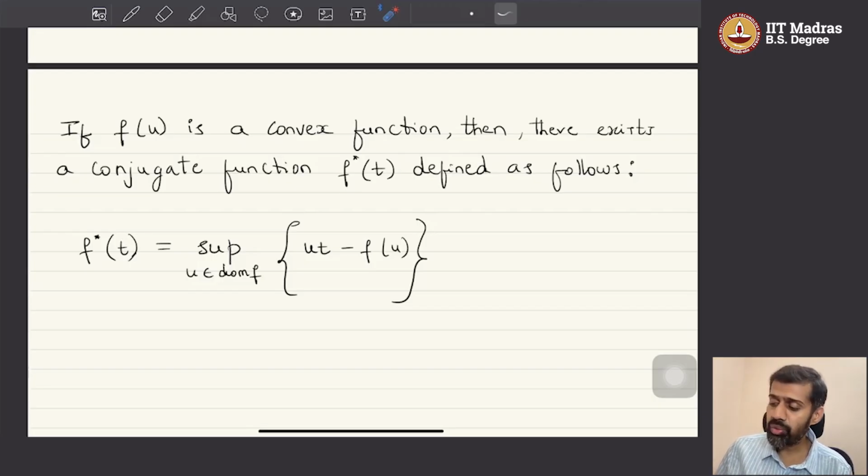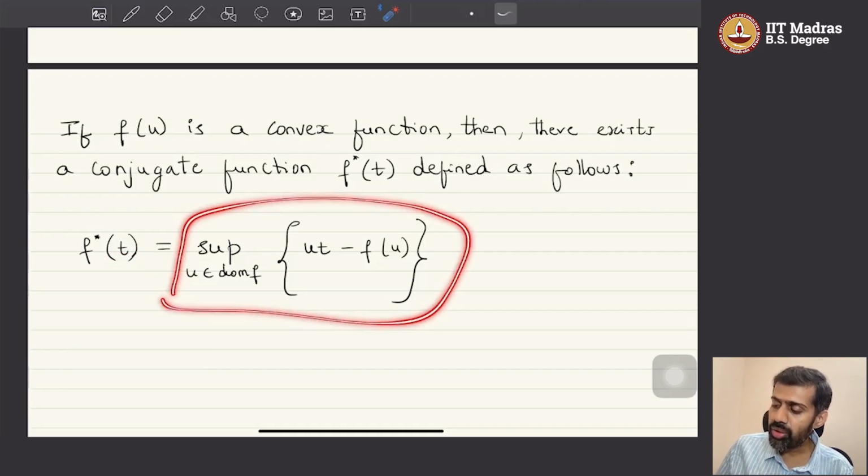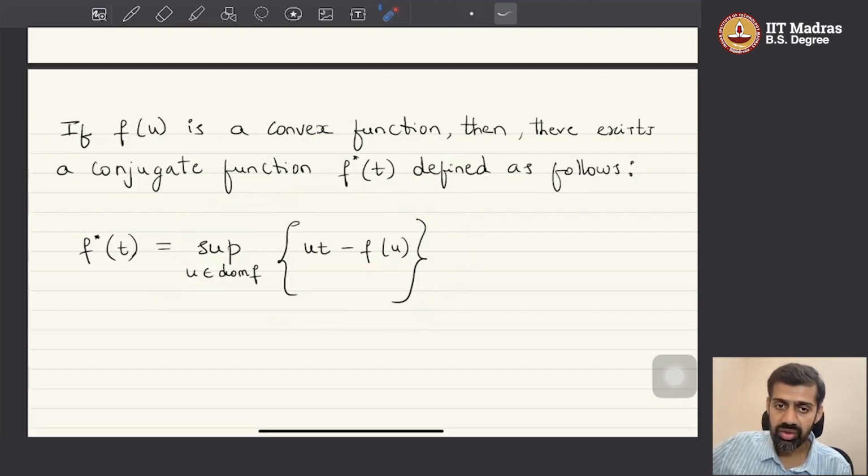Let me explain what this is doing. This is a pointwise definition in the sense that to get every point of the conjugate, one needs to solve an optimization problem involving the original convex function. You don't get f star of t as some deterministic function of f of u; to get every point of this conjugate f star, you need to solve this optimization problem. That is the idea.